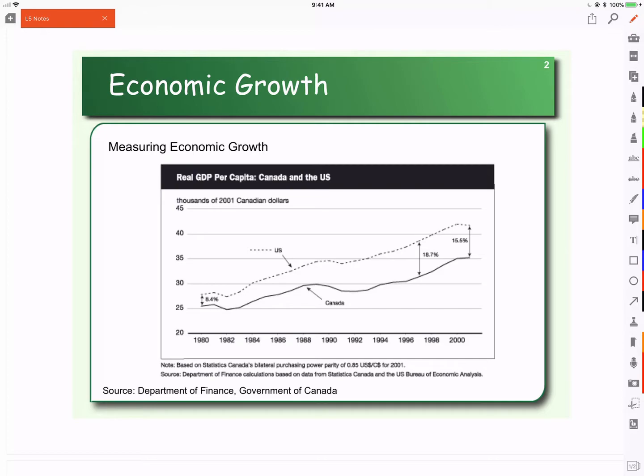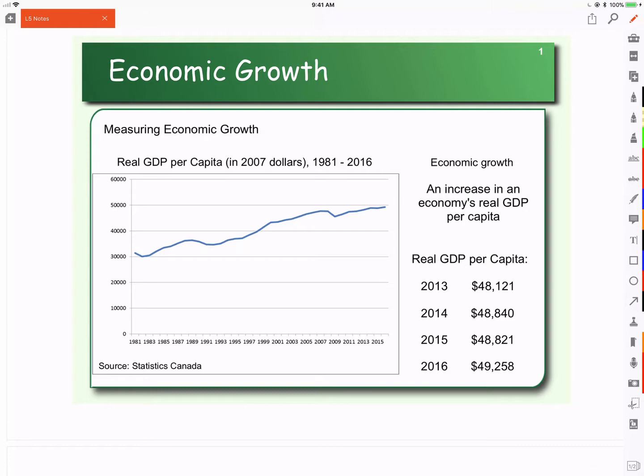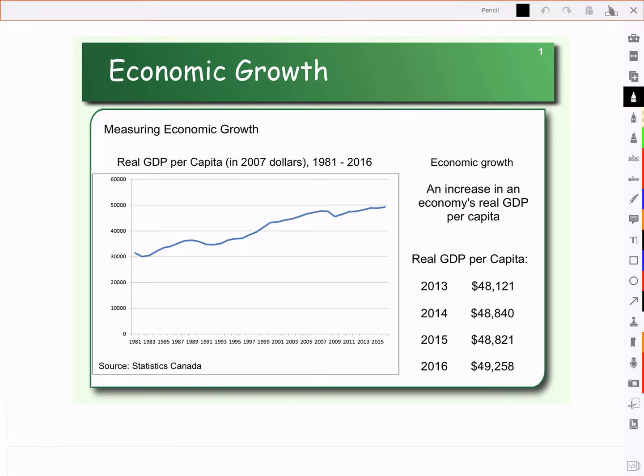So for example, if we look at the 2008-2009 recession, which we see on our graph here, then that dip, that recession, they were experiencing it both in Canada and in the US.